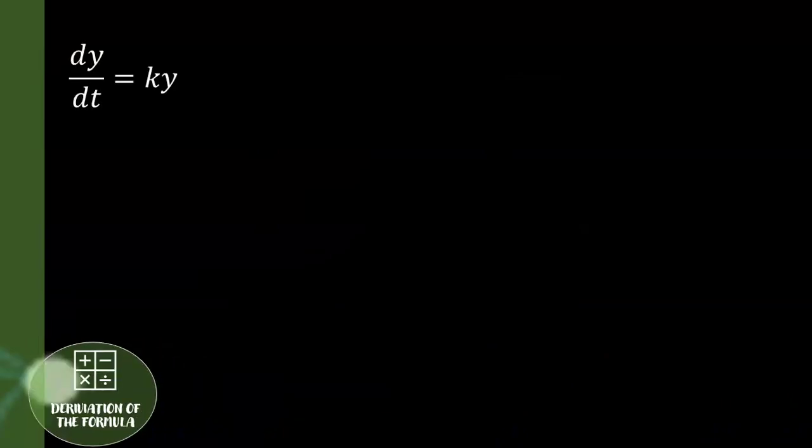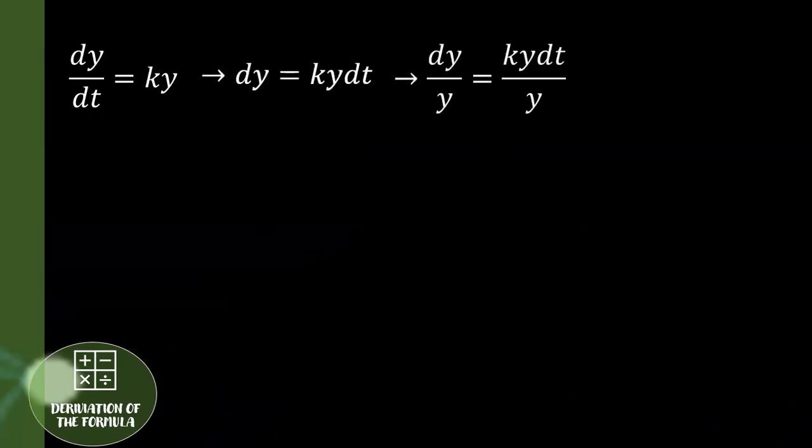So if you're given the derivative of y with respect to time is equal to ky, by cross multiplying, you will get dy is equal to ky dt. Then, to make it variable separable, we need to divide both sides by y so that it becomes dy over y is equal to k dt.